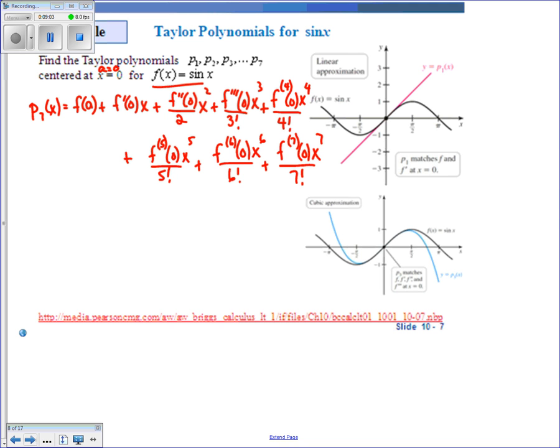So the polynomial's order, it's not always the same as the degree, so be careful. The order matches the order of that derivative.